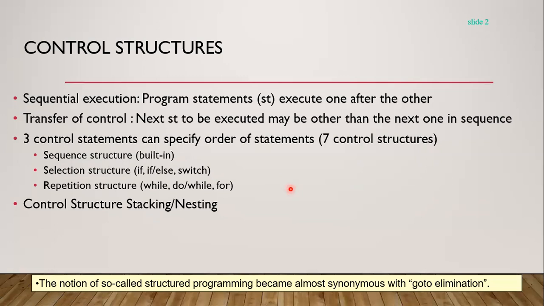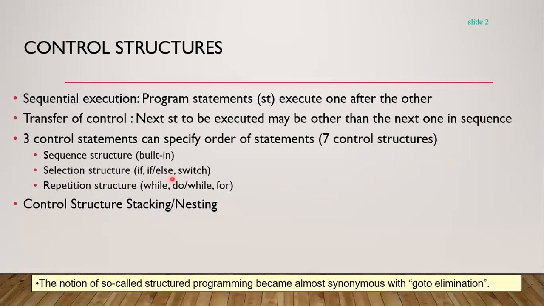The control has to be transferred to certain statements based on certain condition. So the transfer of the control in sequence is the control is transferred to every statement written in a sequence.